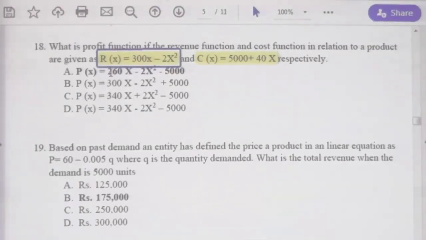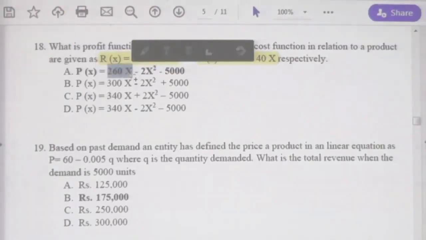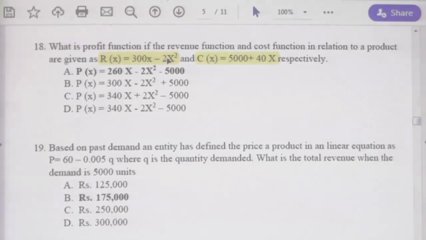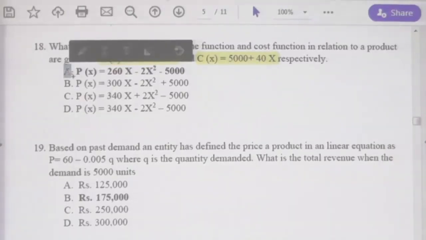Here you can see the answer 260x, right. Then 2x squared will remain as it is, because there is no other x squared term here, only x squared. And this 5000 will remain as it is. Since it is R minus C, this will become minus. Therefore, the answer is A, right.